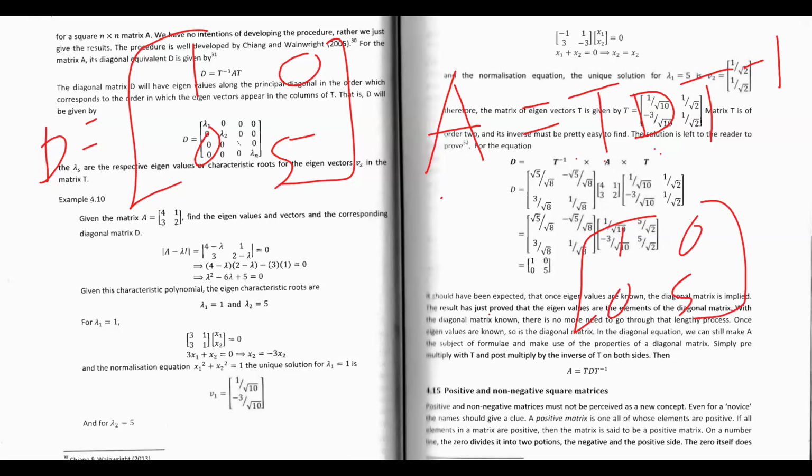So if you have found the diagonal matrix, actually we always know the diagonal matrix from the way it goes. We expect that in the major diagonal there should come out the specific eigenvalues. So that's what we do.